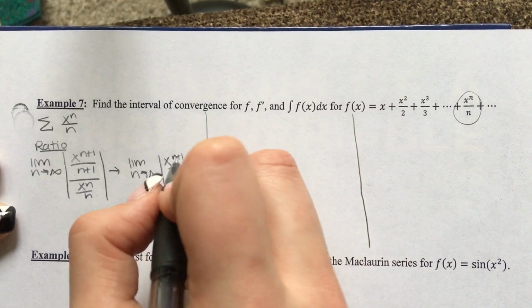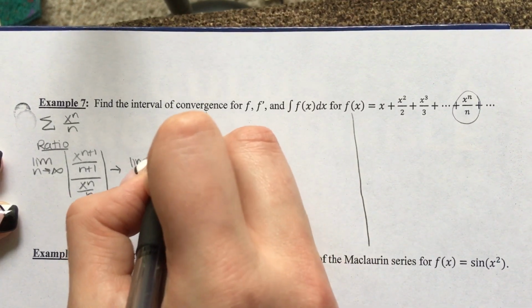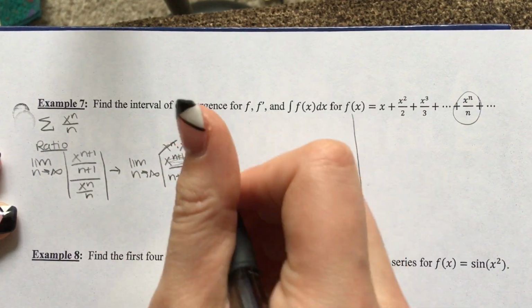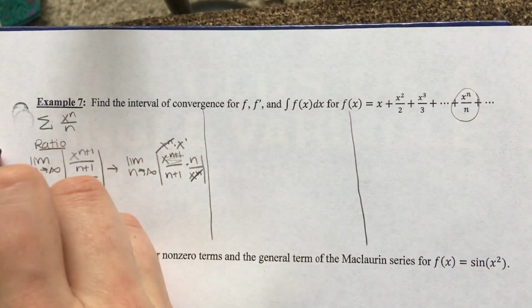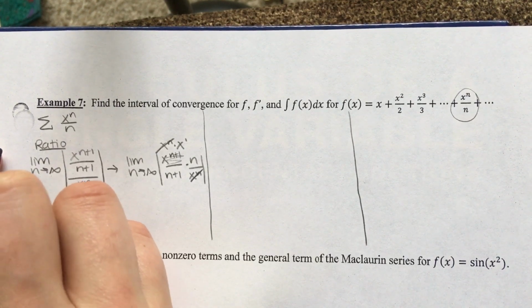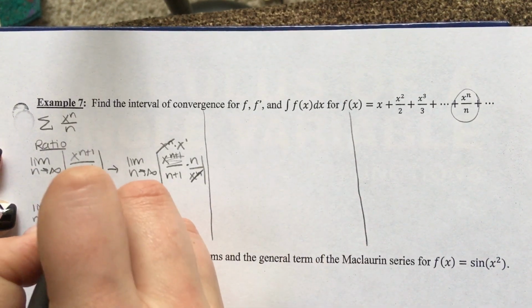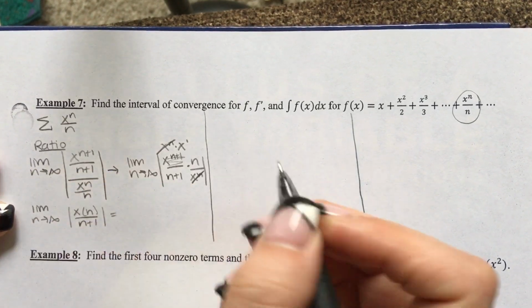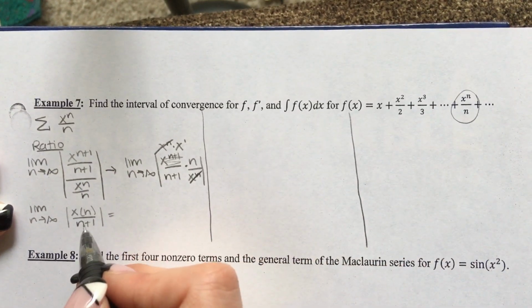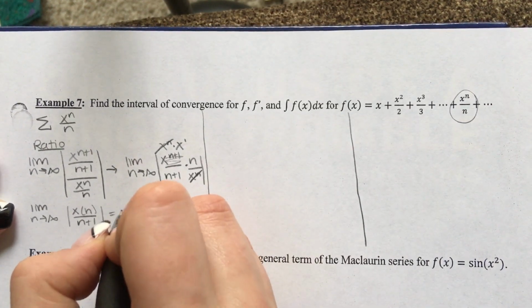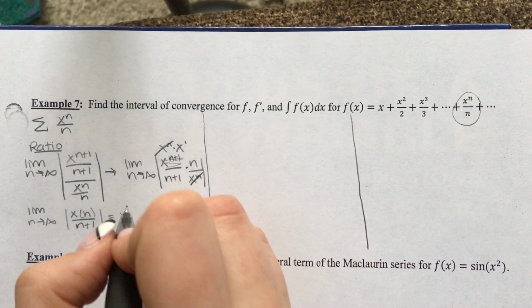So for this one, I'm going to go ahead and rewrite it as x to the n times x to the 1, and the x to the n's cancel. So I'm finding the limit as n goes to infinity of x times n over n plus 1. And since the n's are the same size, that means that my limit here would be x.